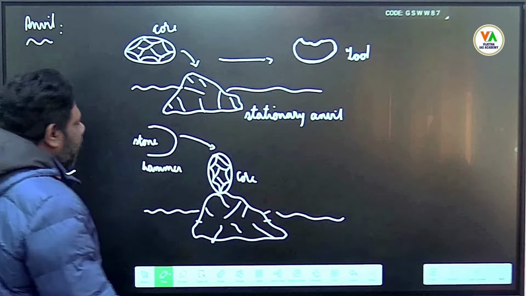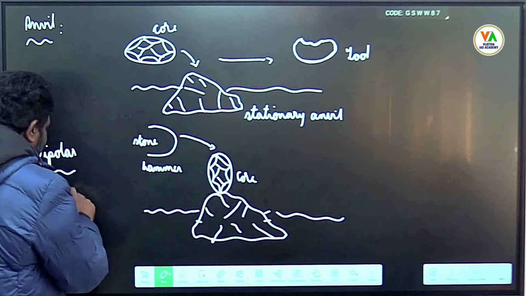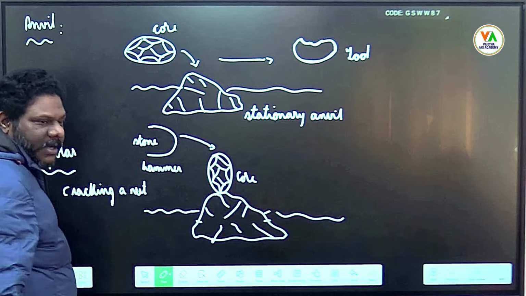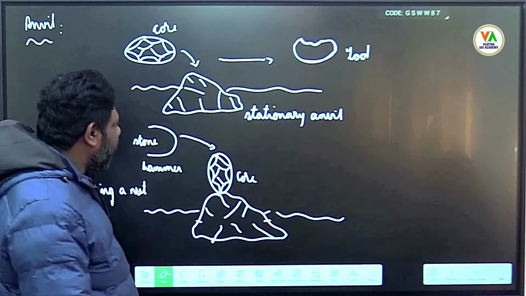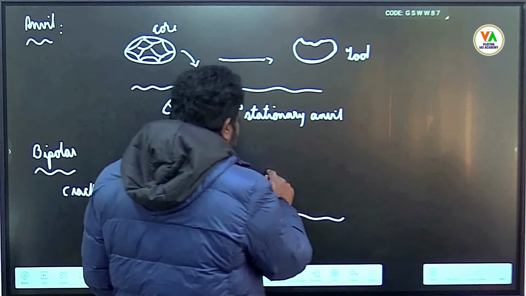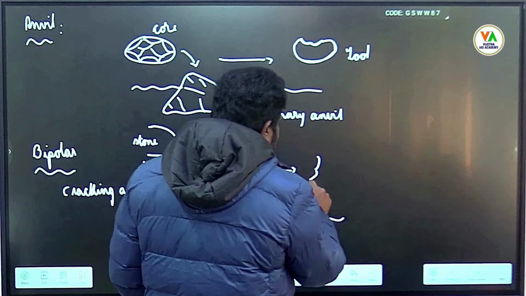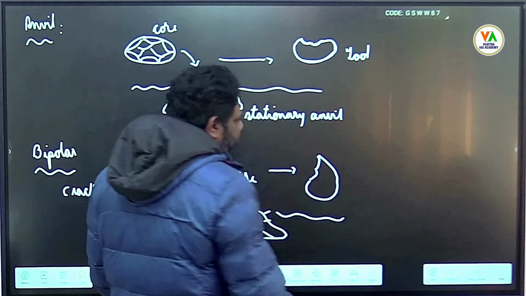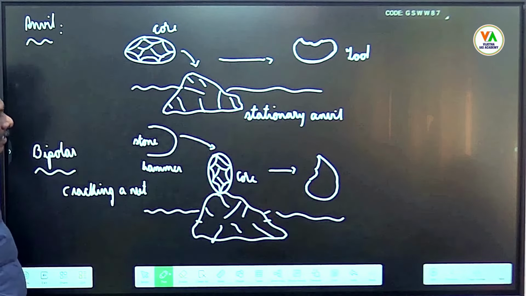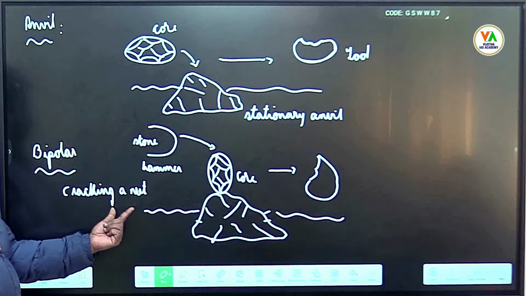It is just like cracking a nut. How do you crack a nut? You put the nut and hit it on its top so that the nut breaks. So, here also this breaks, leaving some maybe sharp edges. You get my point. So, this is bipolar technique, which is similar to cracking a nut.